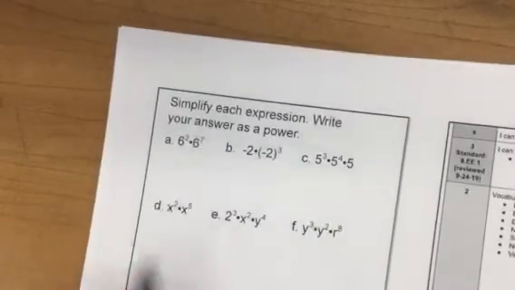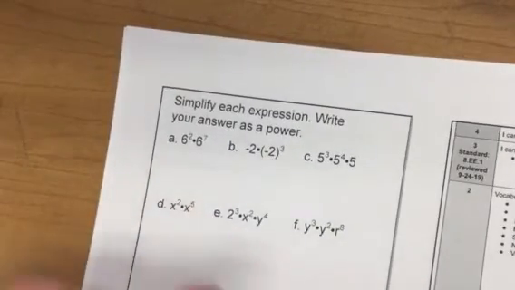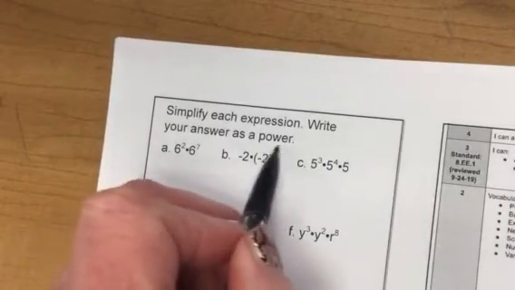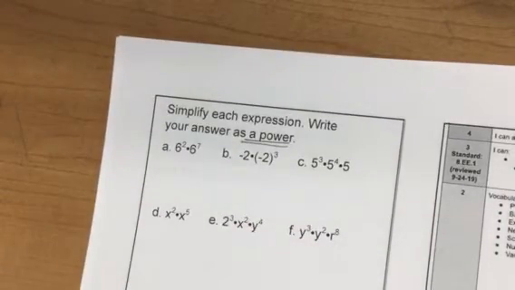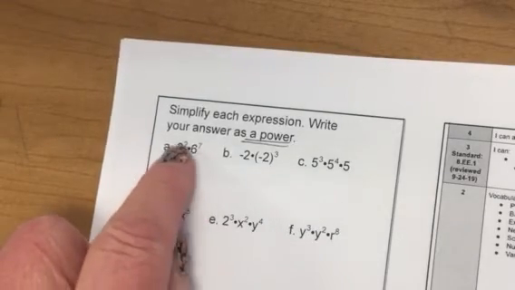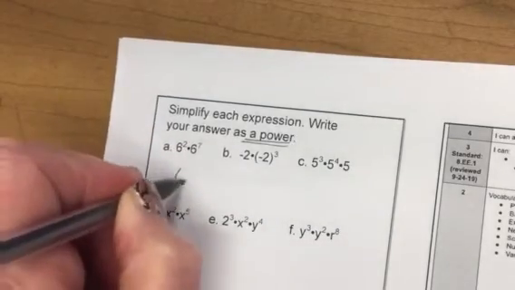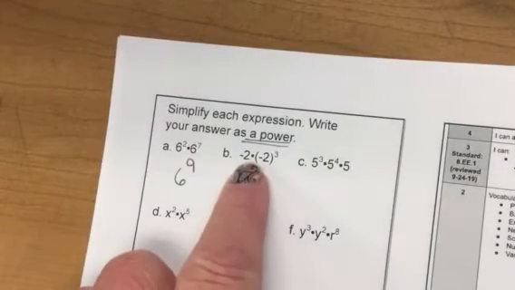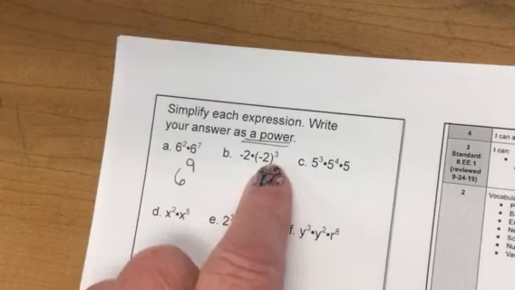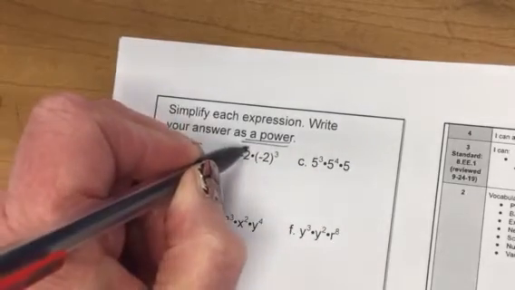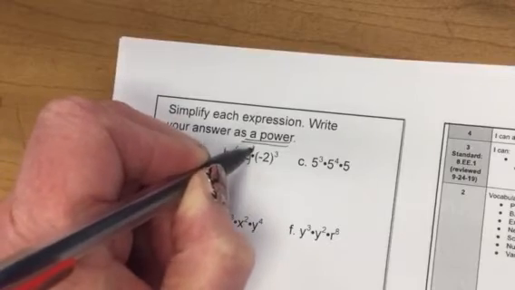Let's do some examples. It says write them as a power. That means don't find the actual answer. Same base, add the exponents: 6 to the 9th. Now this one's a little weird because here's a negative 2 to the 3rd power, but this negative 2 has an invisible 1.